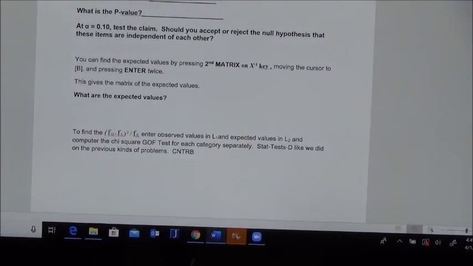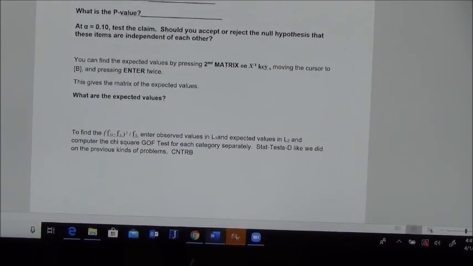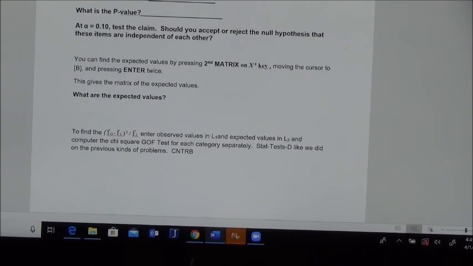Then we have to put in the expected values that we just calculated. So our expected values, we had 15.2, 10.4, and 6.4.